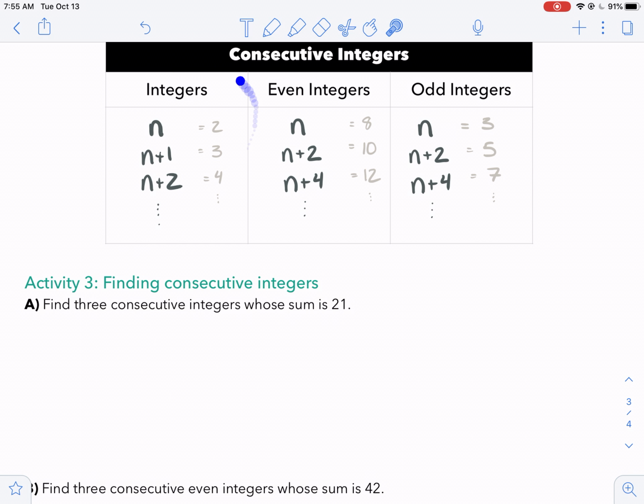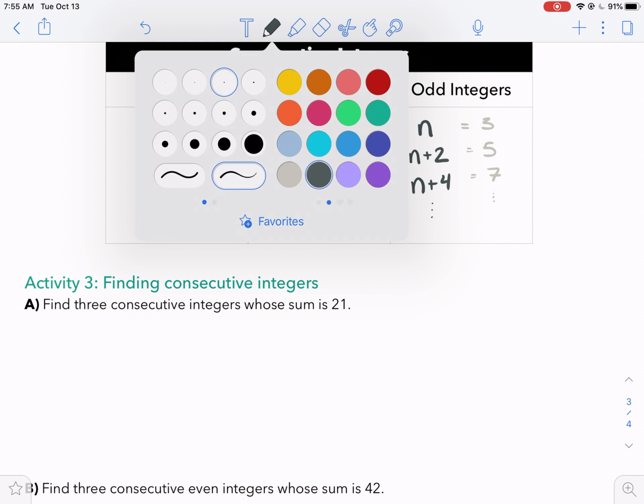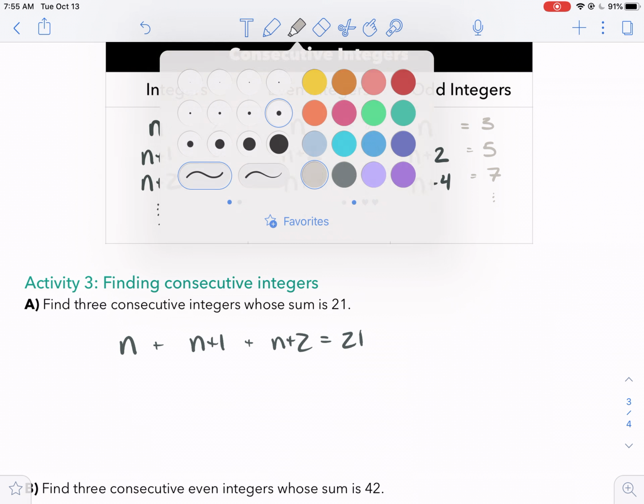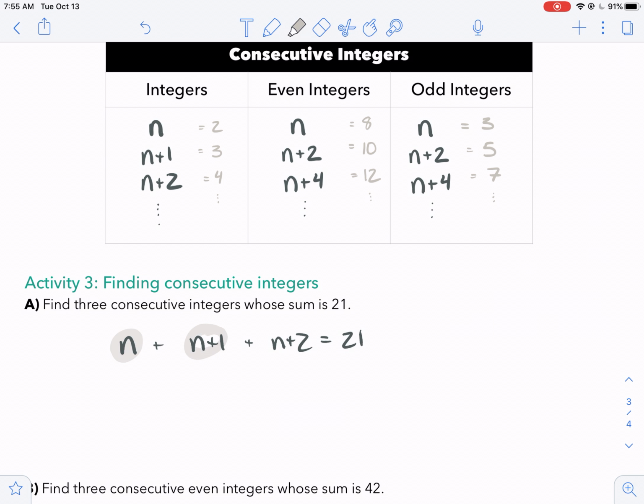Well, that's consecutive integers. We're not saying even or odd, so we start with this. So we say, well, n plus n plus 1 plus n plus 2, that's going to be equal to 21, because you have each of these numbers, n plus 1, n plus 2, you add them up, you get 21.